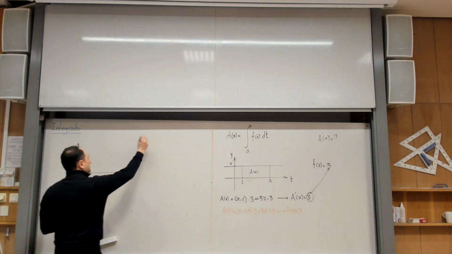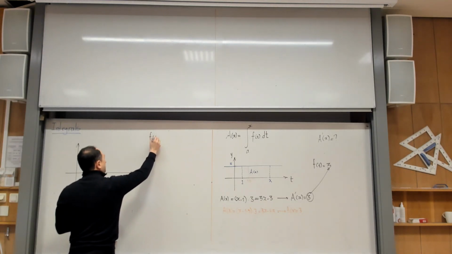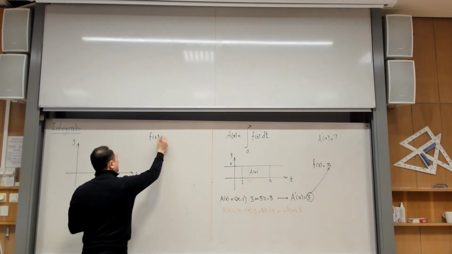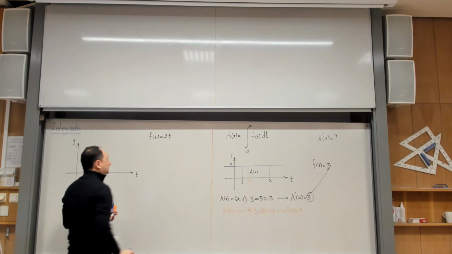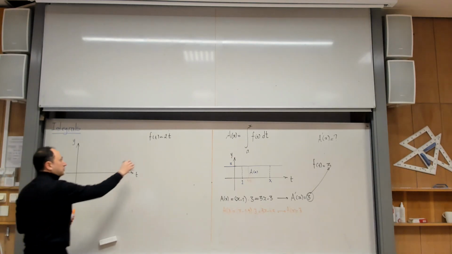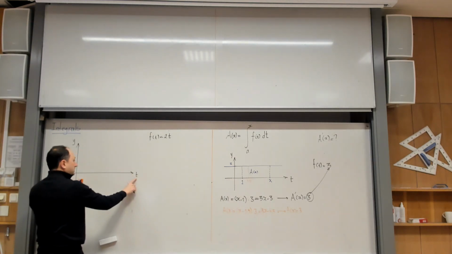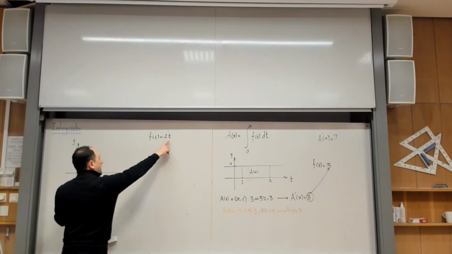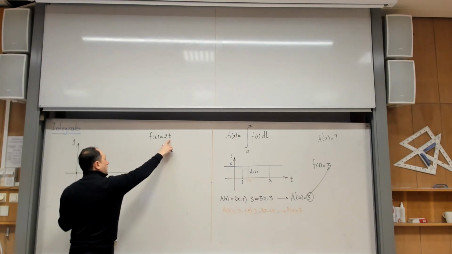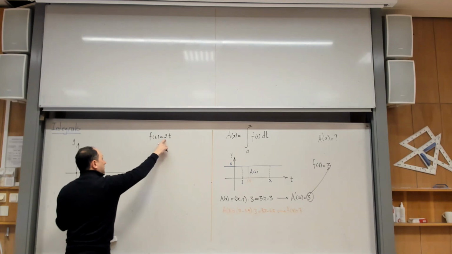For example, let me write f of t equals 2 times t. Okay, so what is 2 times t? If I put t, remember I have relabeled the x-axis to t-axis. So if I put t equals 0, the y value becomes 0 as well. So that is one point. For example, if I put t equals 1, the y value becomes 2, yes?